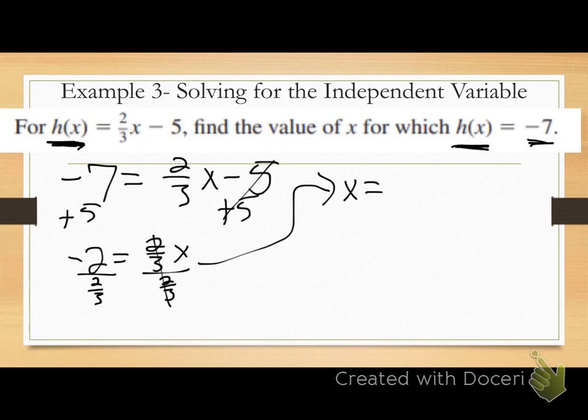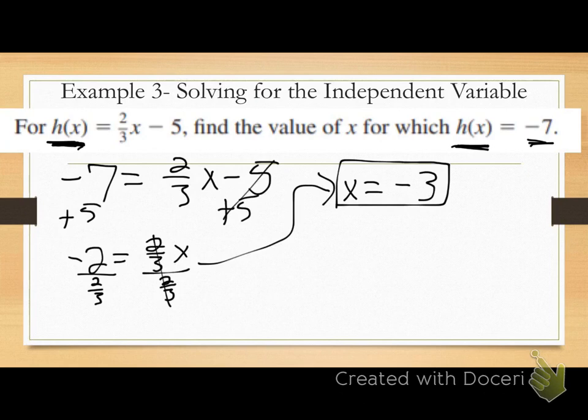Negative 2 divided by 2/3 gives me what? Negative 3. So the value of x, for which h of x equals negative 7, is negative 3.